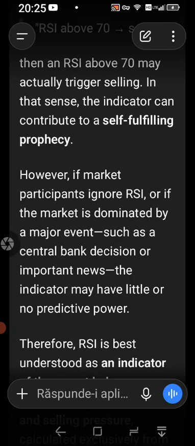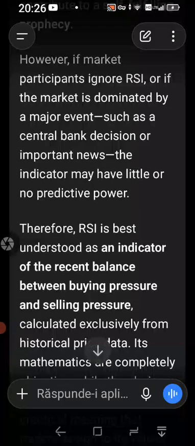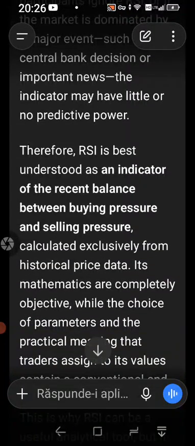However, if market participants ignore RSI, like Tori, the trader, or if the market is dominated by a major event, such as a central bank decision or important news, the indicator may have little or no predictive power. Therefore, RSI is best understood as an indicator of the recent balance between buying pressure and selling pressure, calculated exclusively from historical price data.